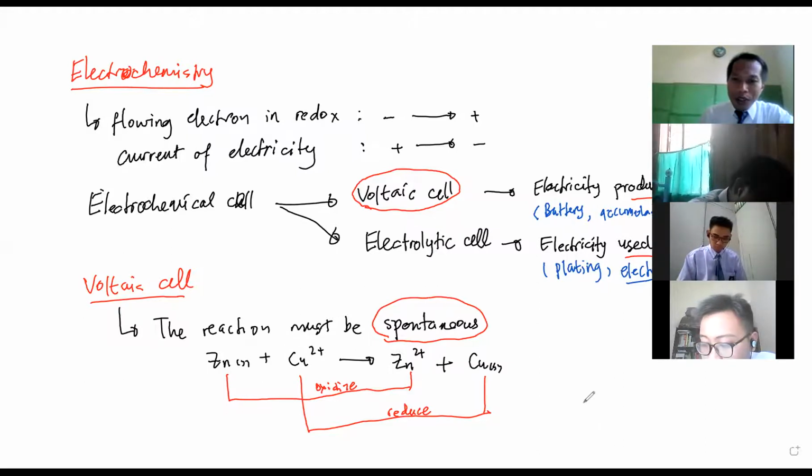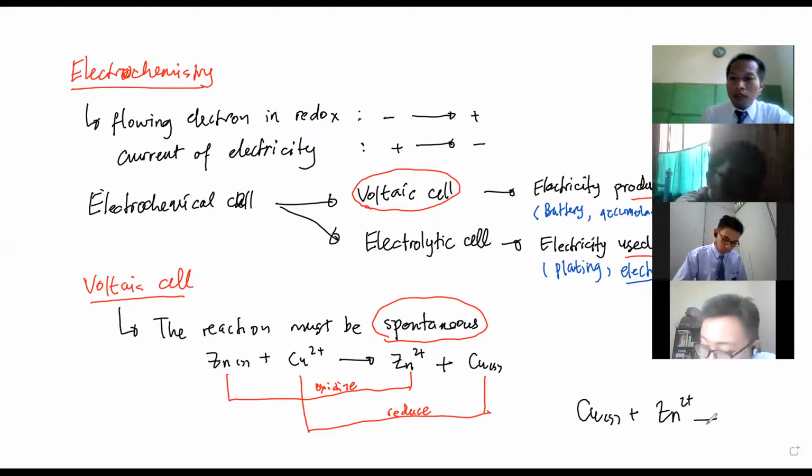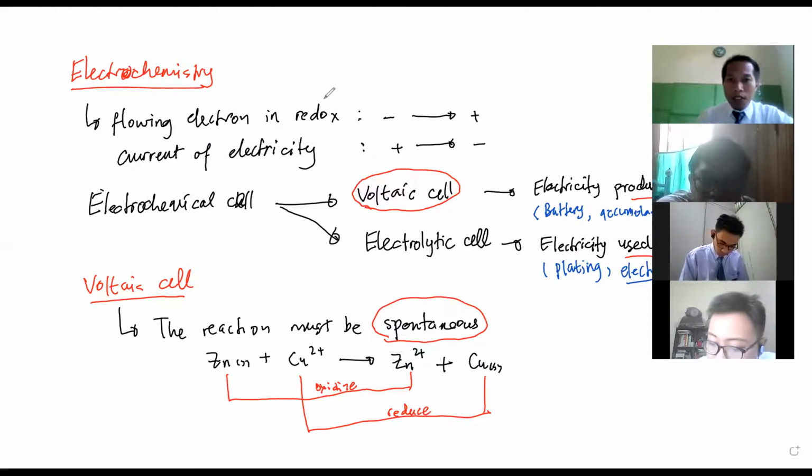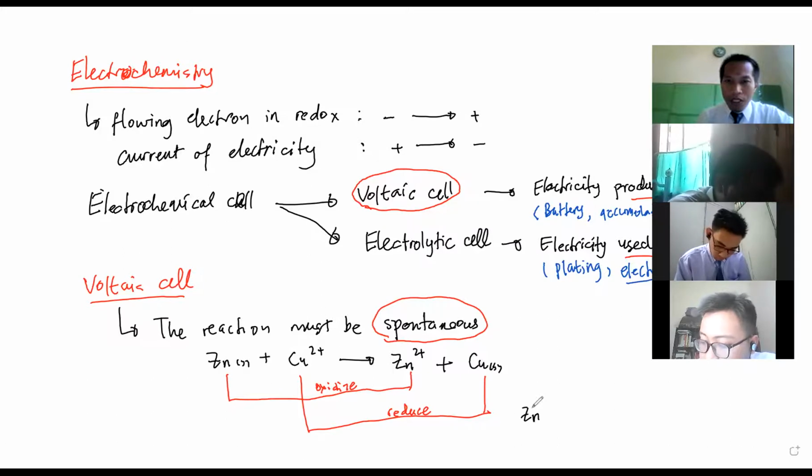Okay, I have this reaction. How about this reaction? Let me read it a little bit more to the left. If I react zinc, sorry, not zinc, copper.